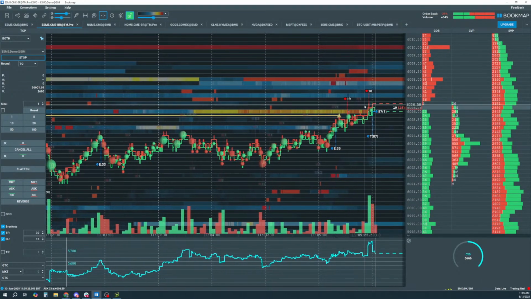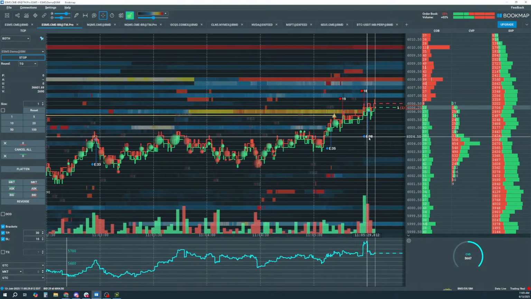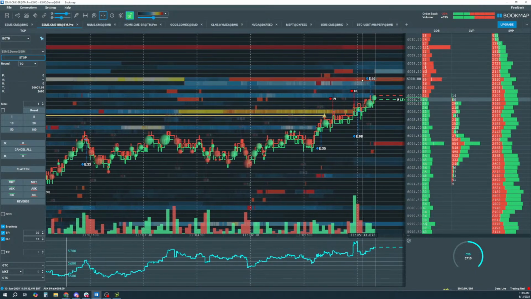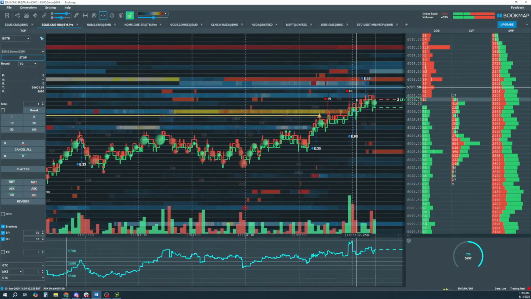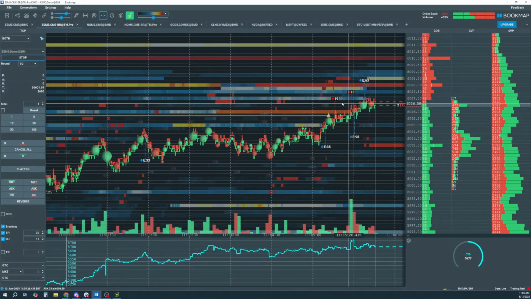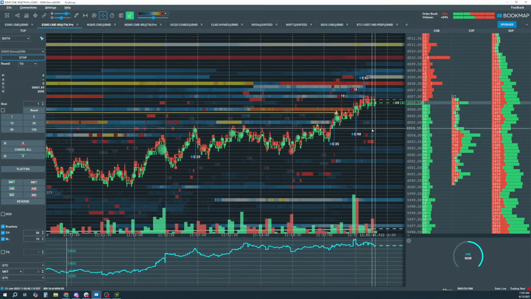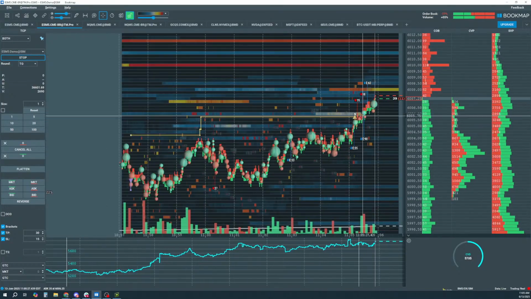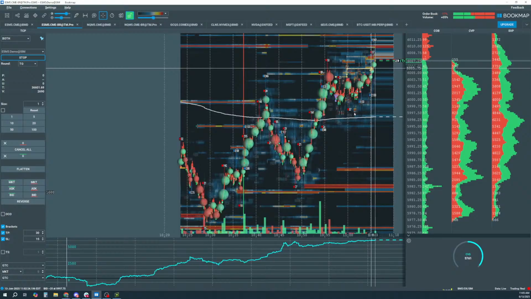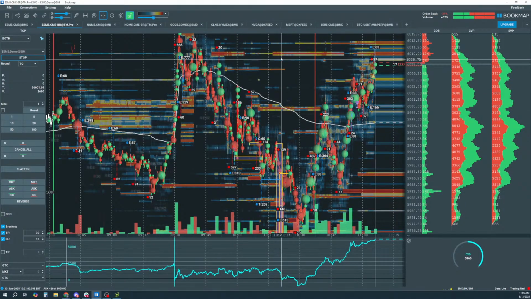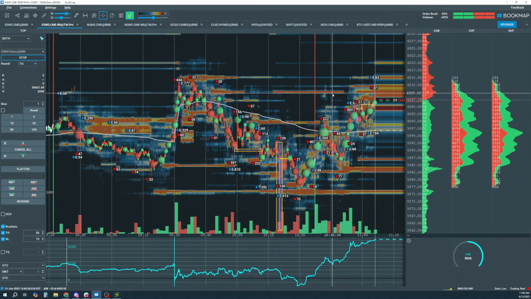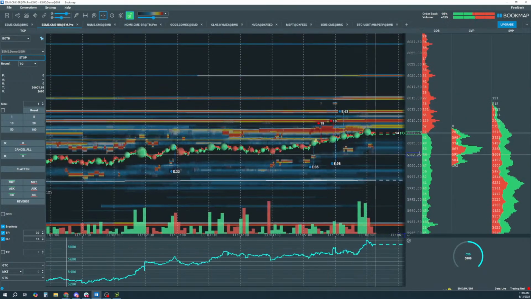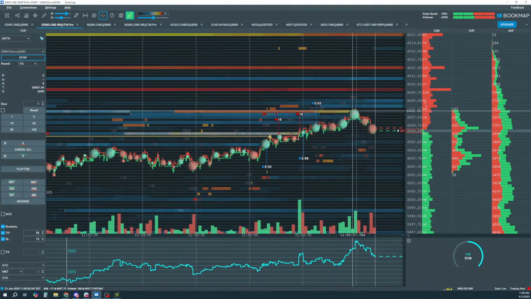All right, let's go through a stop run. Look at the icebergs underneath it. Okay, some stops are hit. Okay, high liquidity starting to get hit here. Not a whole lot. Okay, there's some high liquidity hit.